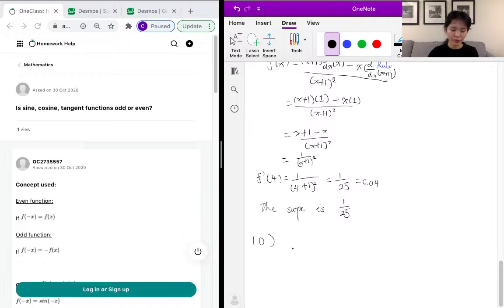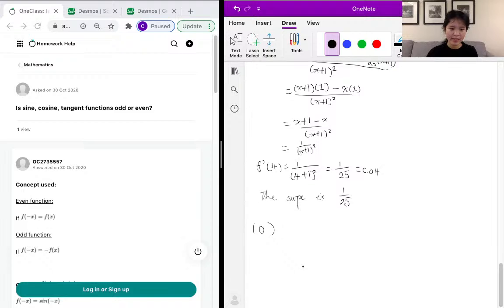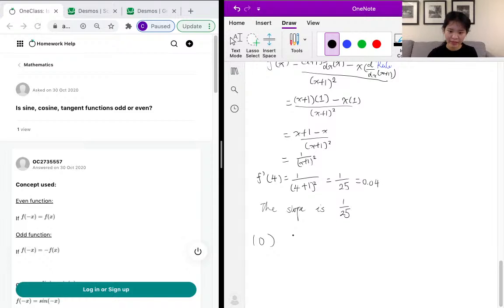But if you want, you could derive them using basic trig identities, and also using negative trig identities, and also the concept of odd and even functions.